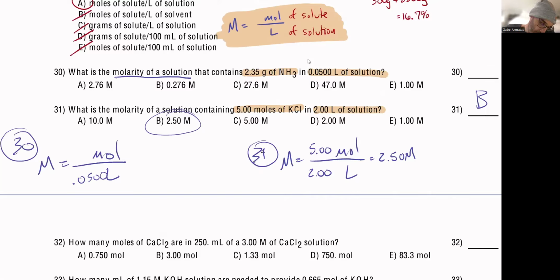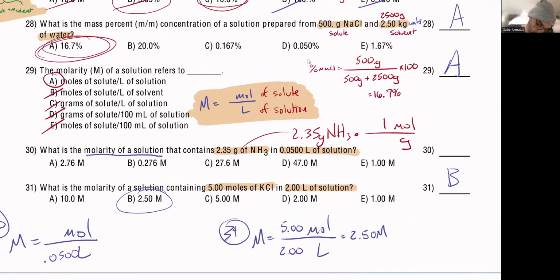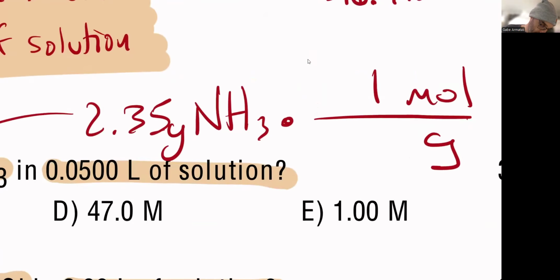So if I have 2.35 grams of NH3 times a fraction, I want grams to go away, I want moles to remain. 1 mole of NH3 is how much? We need the molar mass of this. Nitrogen is 14.01. Hydrogen, 3 times 1.01.